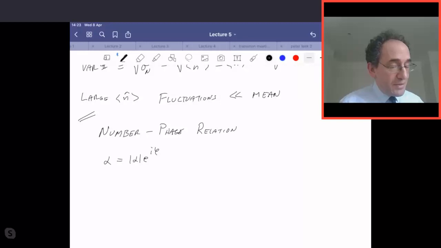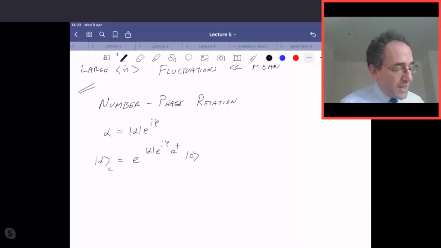And then let's write out the coherent state associated with this alpha, exactly as we did before. Alpha coherent is e to the absolute alpha e to the i phi, A dagger on the vacuum, and let's write out this series.